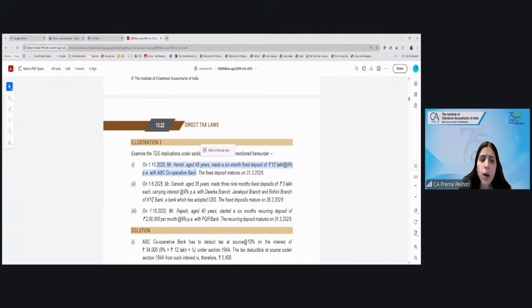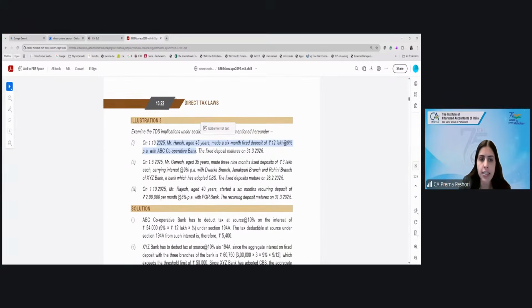Yes, right, they are required to deduct the TDS. 12 lakh into 9% into 0.5 year, right? The TDS is deductible at the rate of 10% because it's a cooperative bank.